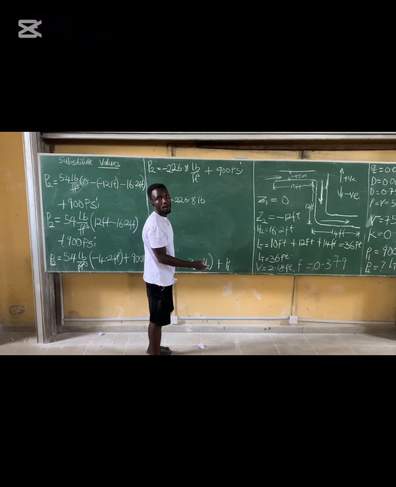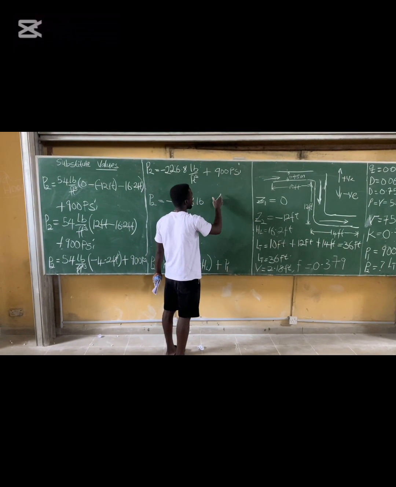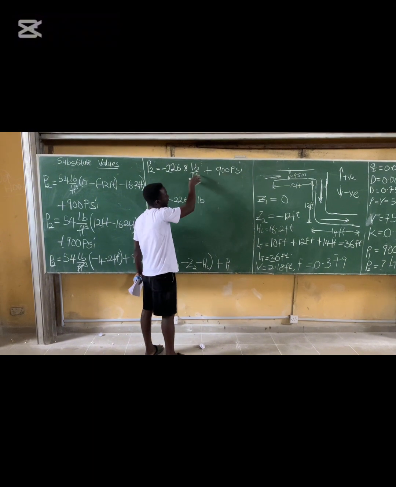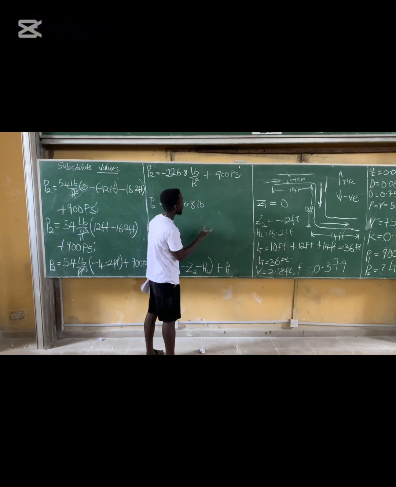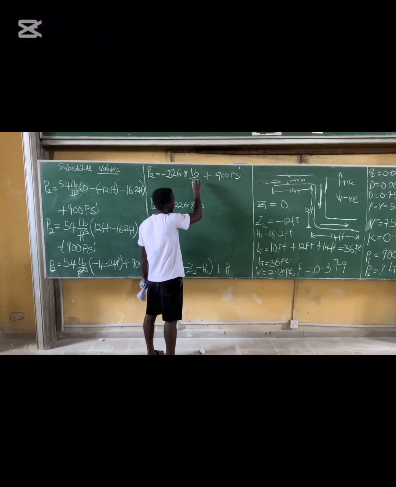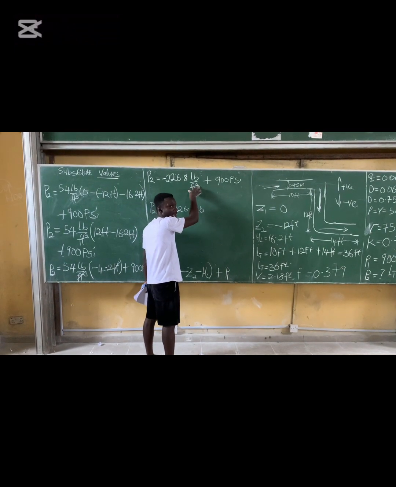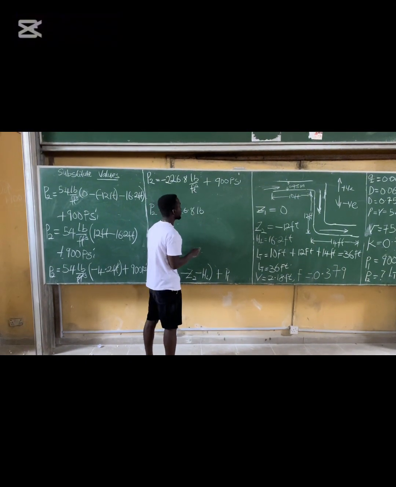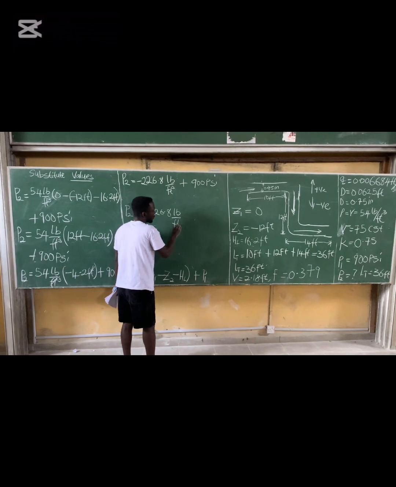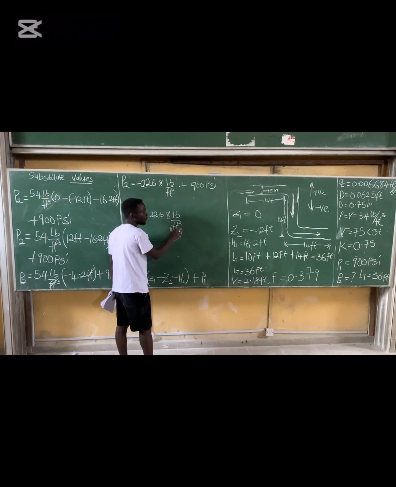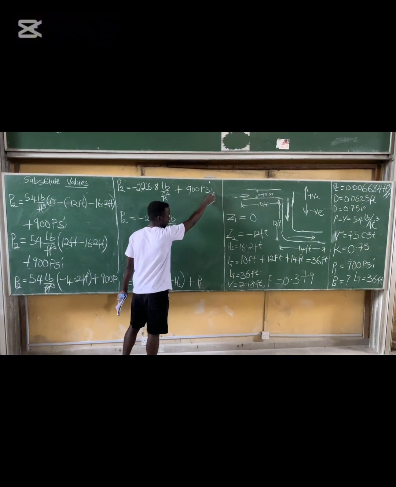So therefore, we have to convert from pounds per square feet to pounds per square inch. To convert that, we have to convert the feet square here to inch square. So it will be pounds per square inch.